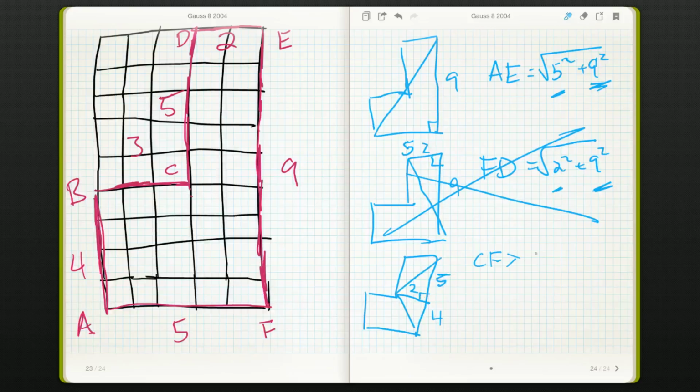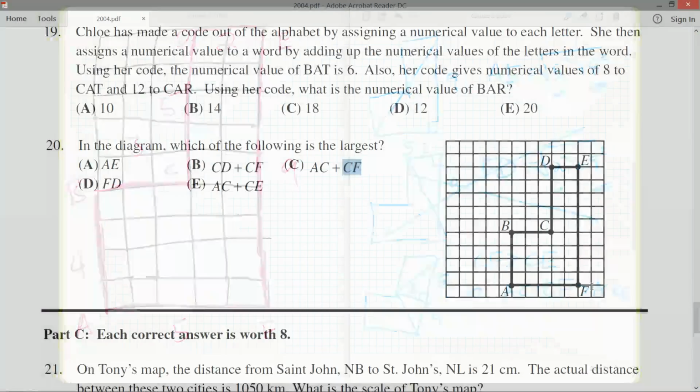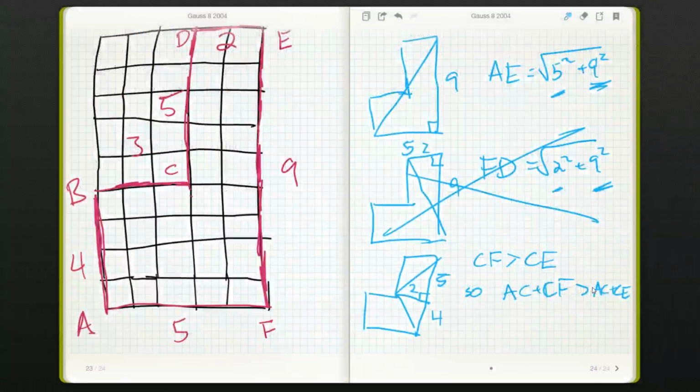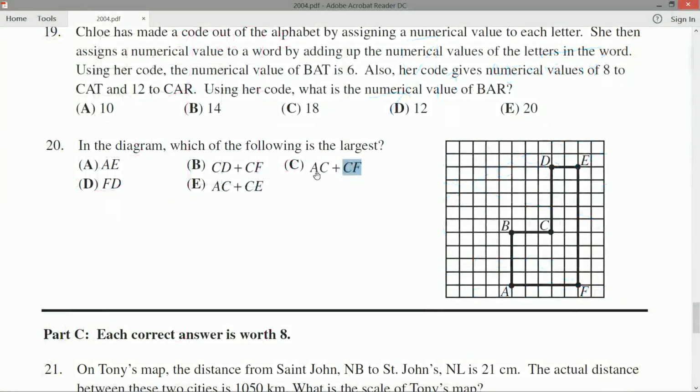So CF is automatically greater than CE. So AC plus CF is bigger than AC plus CE. Or do I have that backwards? I have that backwards. E was the one up at the top. Okay, so we've been able to rule out answer D and answer C. So it could be A, it could be E, or it could be B.